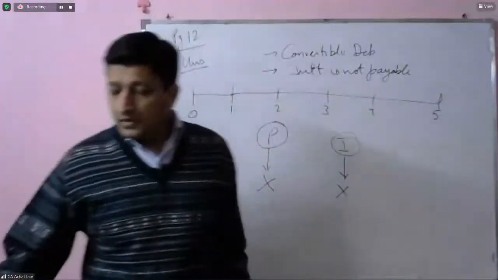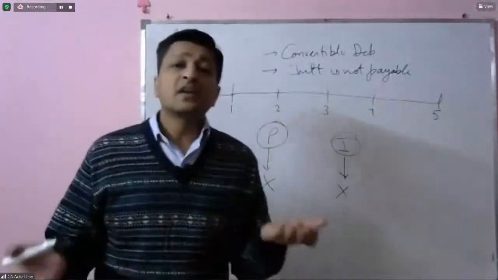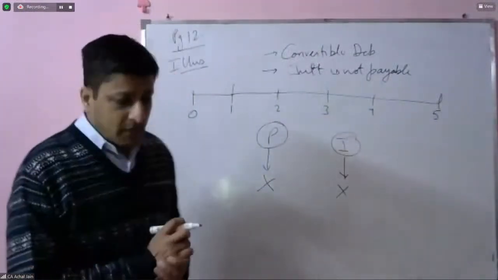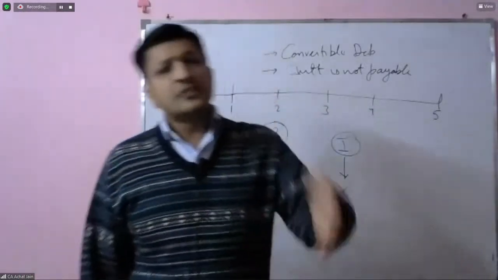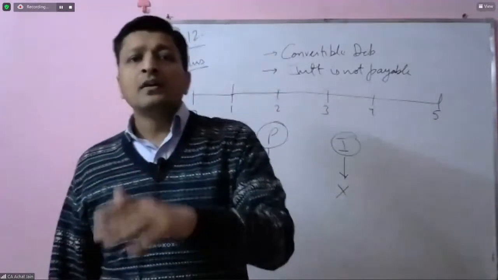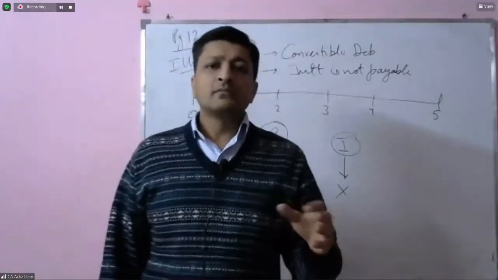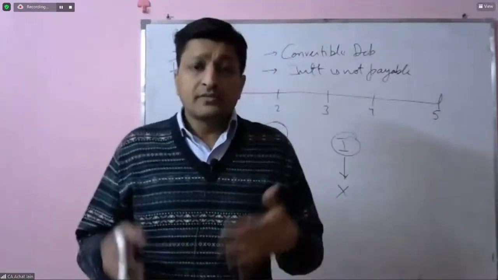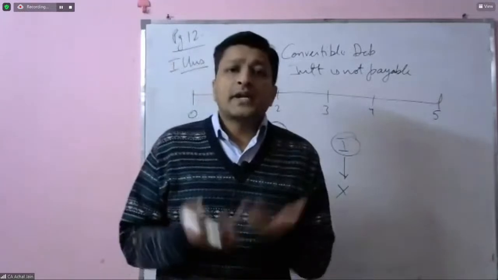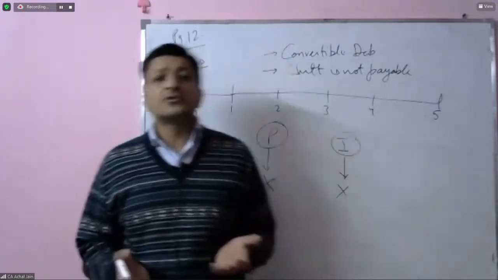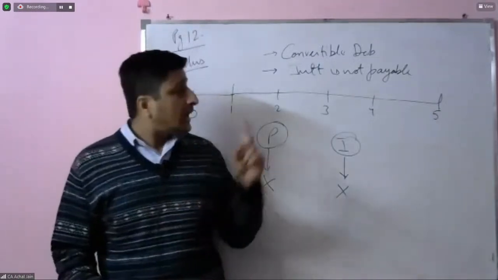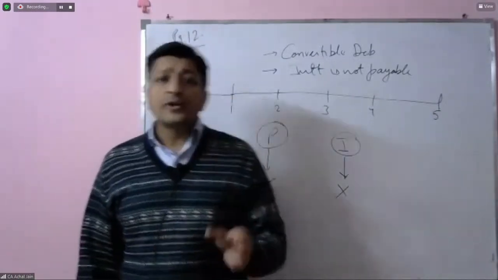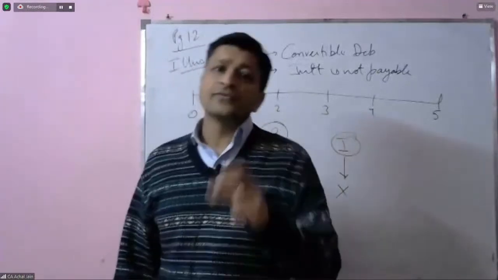Now, let's understand how this conversion will take place. Because so far we have been discussing only the broad things, that an instrument will become equity at a later point of time. But now it's very important for you to understand how that conversion will actually take place. So that means now we need to understand what is going to happen at the end of the fifth year.